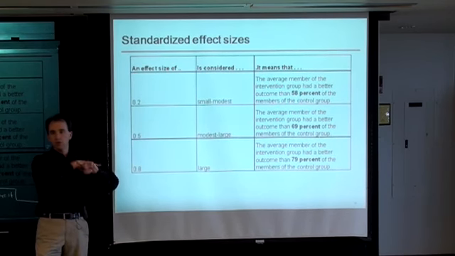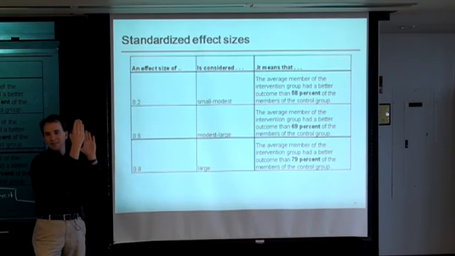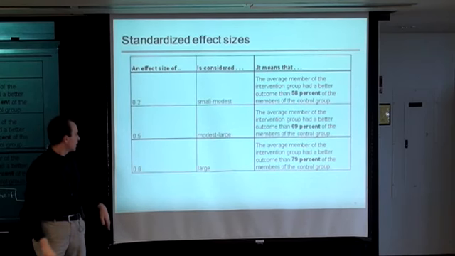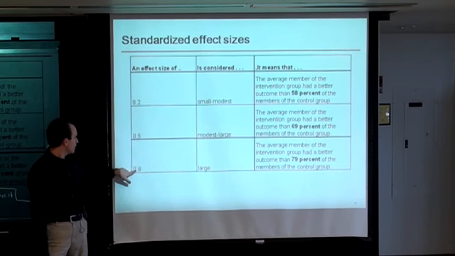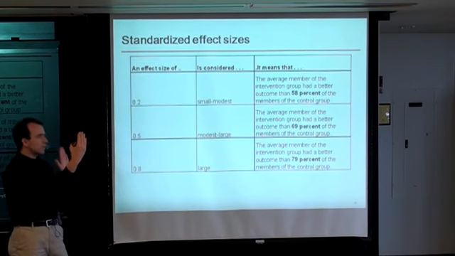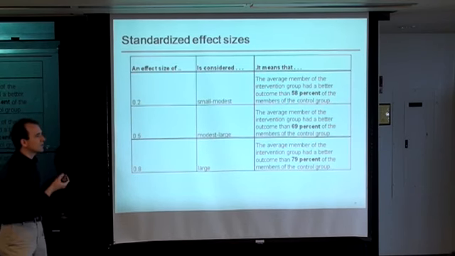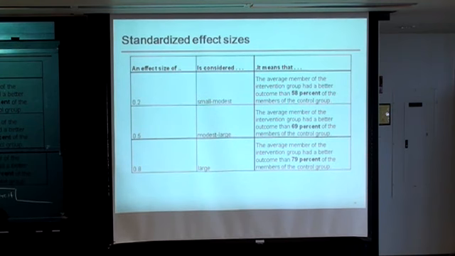The distributions are still overlapping, but now the middle of the treatment distribution is at about the 69th percentile of the control. And a large effect of 0.8 would mean that the median person in the treatment group is at the 79th percentile of the control. That gives you a sense of how big we're talking about with standardized effect sizes.